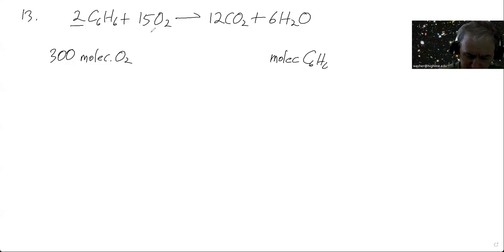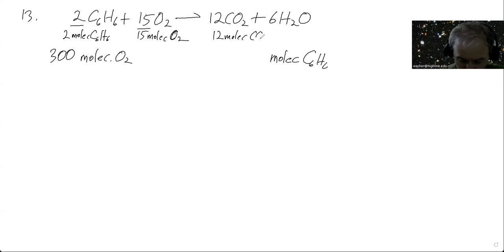The thing is, these stoichiometric coefficients sort of have units associated with them. The way we read this is 2 molecules of benzene, C6H6, react with 15 molecules of O2 to produce 12 molecules of CO2. So they work sort of like unit conversions, and I can come up with a conversion factor here: molecules of C6H6 over molecules of O2.